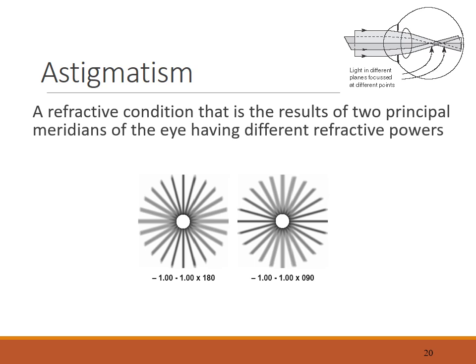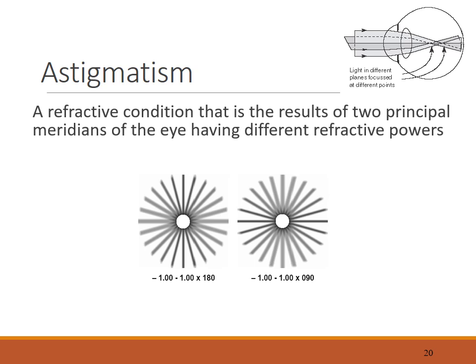This figure shows two types of astigmatism at different axes. One is at 90 degrees and another one at 180.